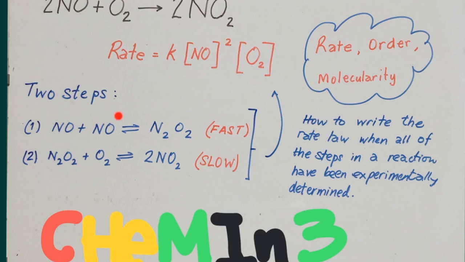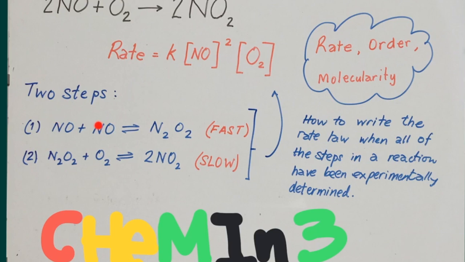So these reactants here go into the rate expression and they're multiplied by this. So these 2 starting entities, which give rise to this N2O2, which is really a part of the slow rate determining step, these are the 2 that go in here. And this O2 actually belongs to the second step, the slow step.